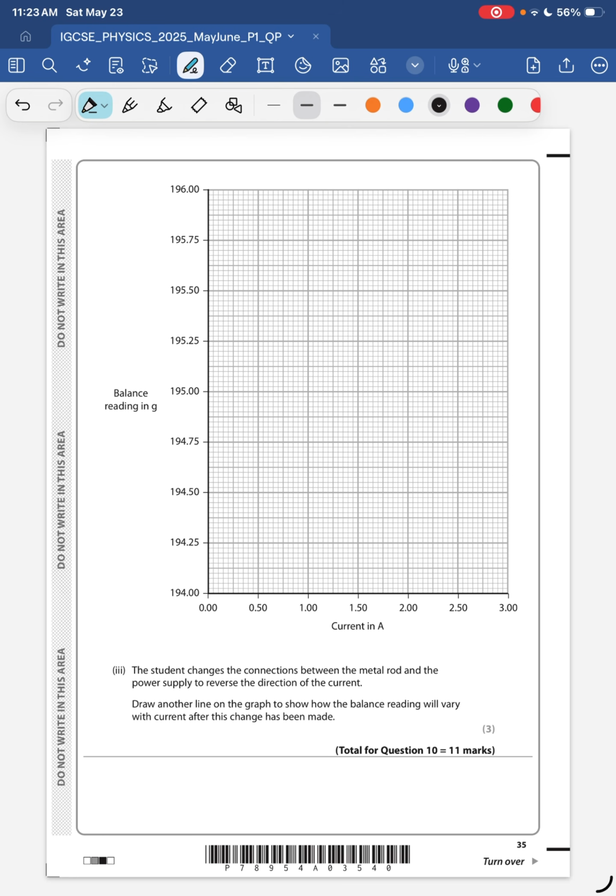Let me think. I need to use my calculator really quick. Each small square is 0.025 grams. So we need 194.95. So it's going to be this point over here, right? Is that correct? Let me see.